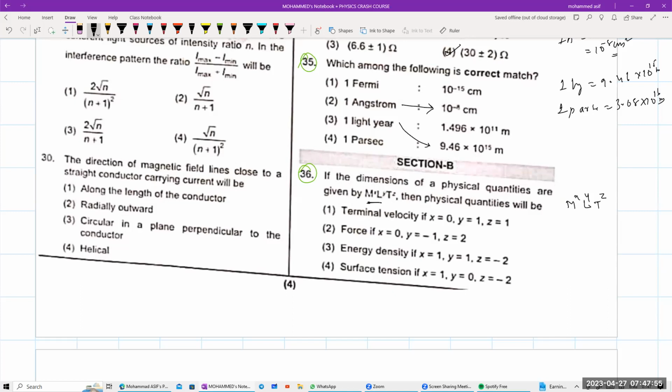सबका डायमेंशंस लिखो आप लोग। रॉन्ग करने का ऑप्शन नहीं है इसके अंदर। Madhya Firdaus is telling fourth option.